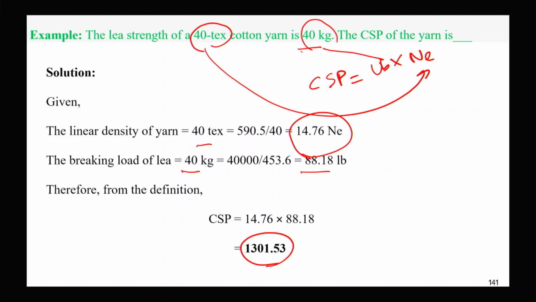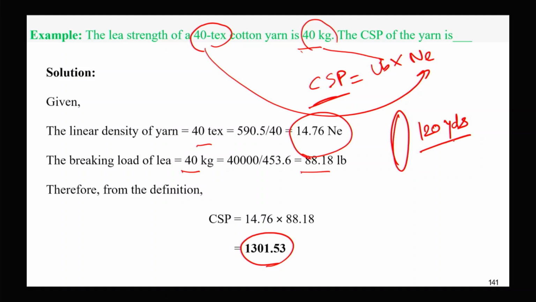So we must remember the CSP is only the product of the lea strength in pound and the yarn count in NE, and this is calculated based only on a lea of 120 yards.